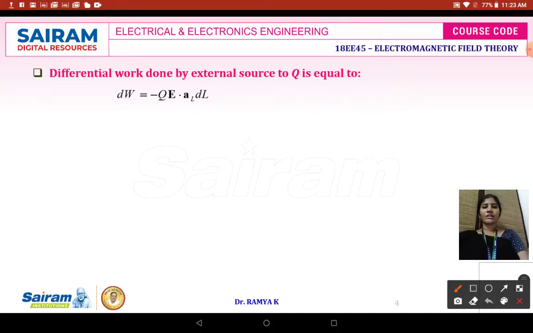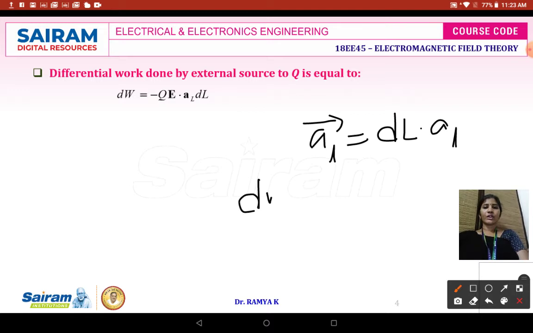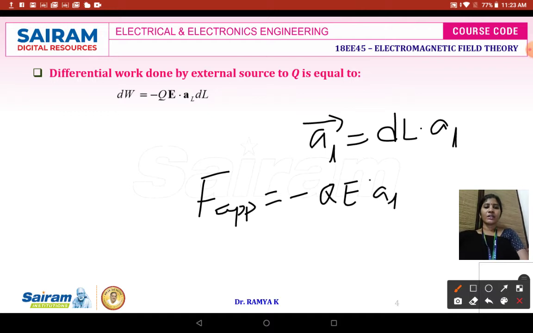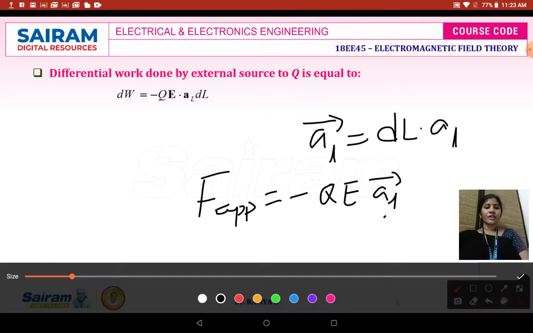We can write the vector dl as dl a_l, the unit vector in the direction of dl.